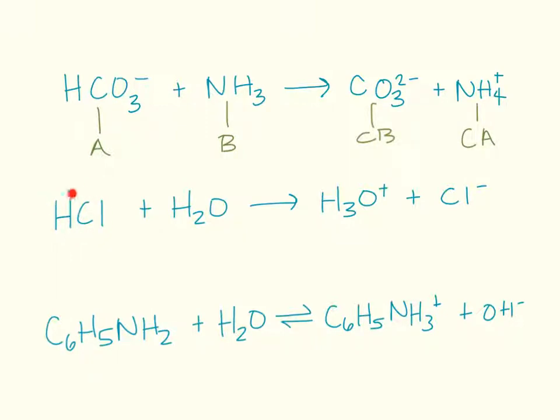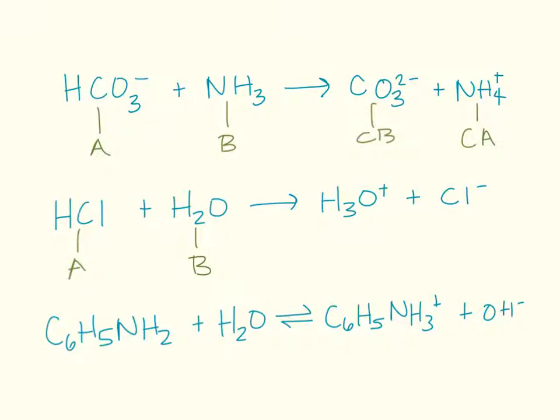We have hydrochloric acid here, so I'm going to find its pair, and it's right here. It's going to lose hydrogen, which means it's the acid. Of course, it's hydrochloric acid, it's not going to be anything but an acid. And water gains the hydrogen that hydrochloric acid gave away, so it is the base.